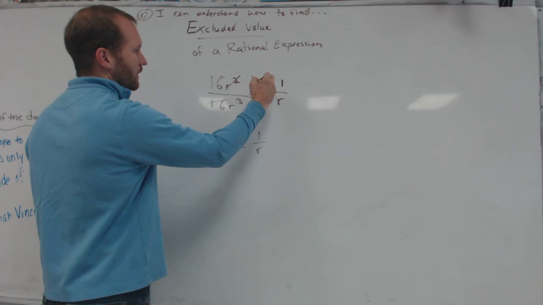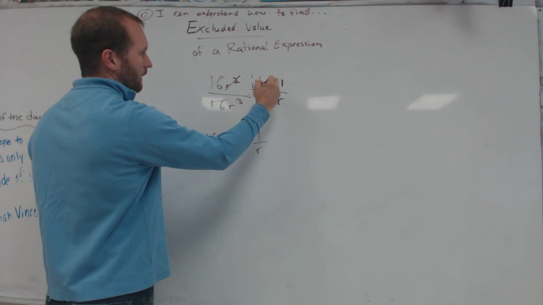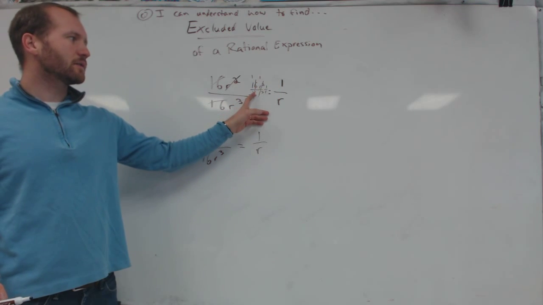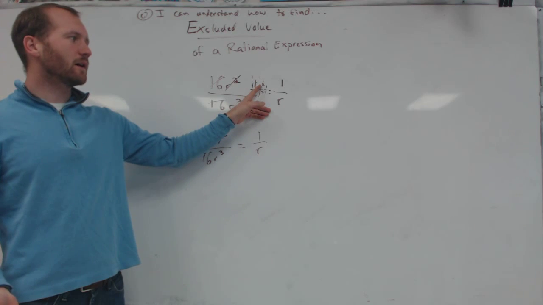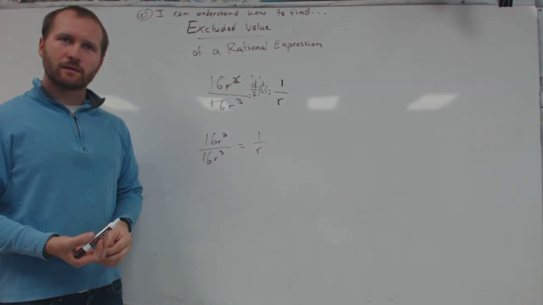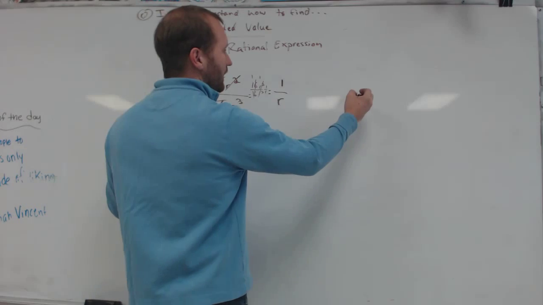I'm saying r squared over r squared is 1. And then I have 1 over r left. So when is 16 over 16 not 1? Or when is r squared over r squared not 1? When r is a value? No. Well, for most values that will work, right?